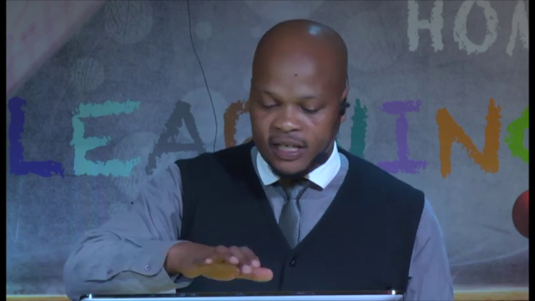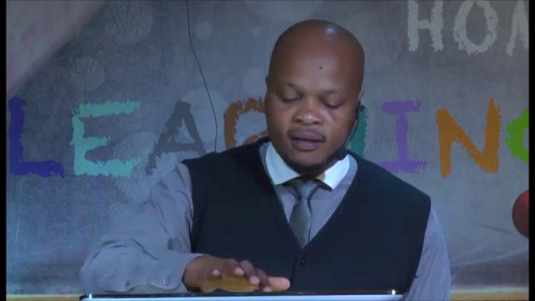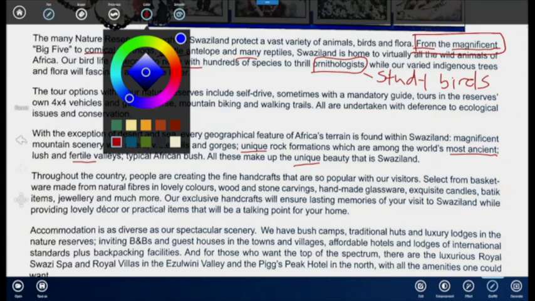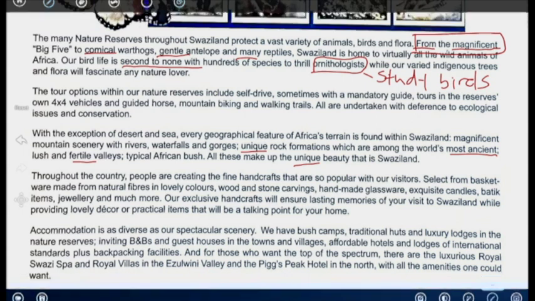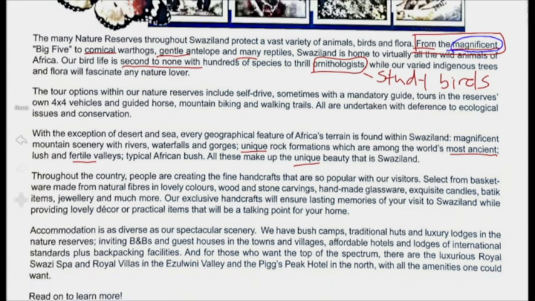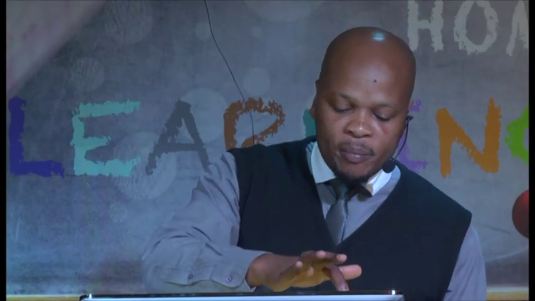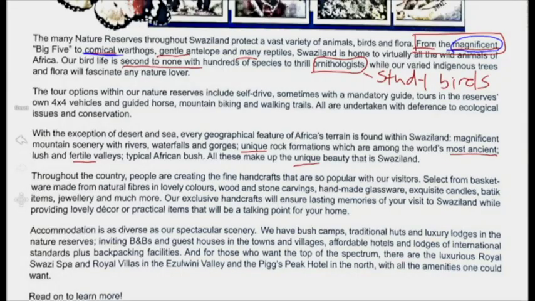All right. So from the magnificent, but then my attention here is mainly on the use of the word magnificent. And what does it do? Here we've got magnificent big five, not just the big five. We know the big five, it's what? It's the big five animals. All right. So to comical warthogs.